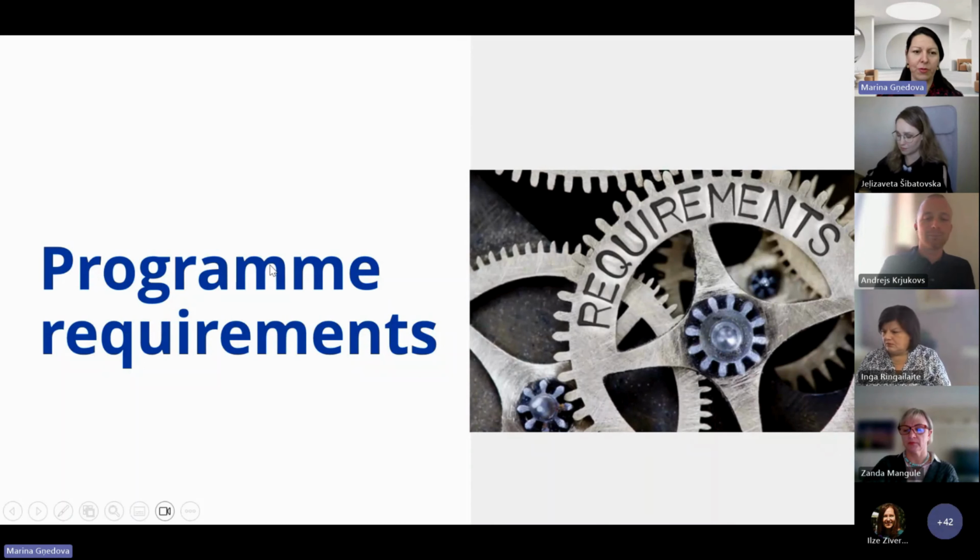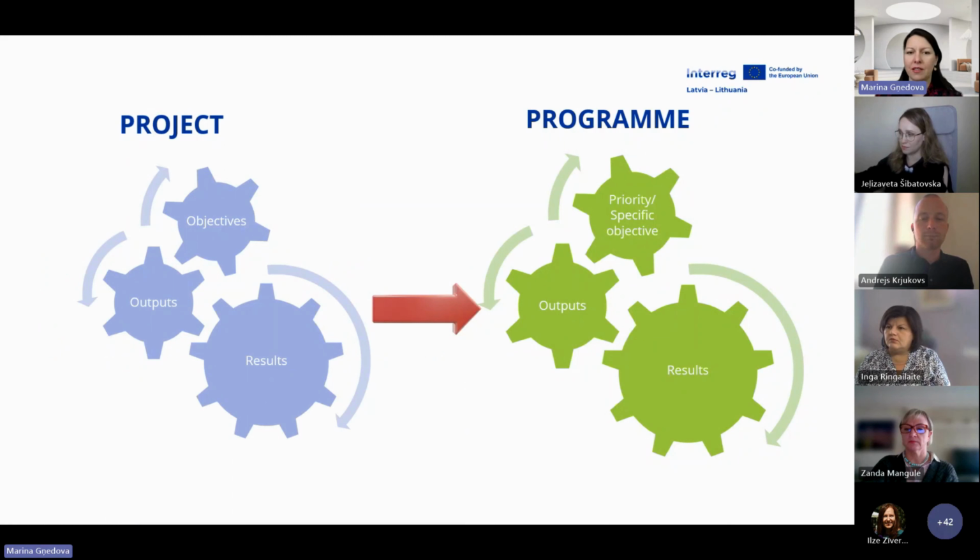If the project doesn't contribute to the program, then the chances to be approved are very low. In this slide, I think it's a very simple scheme, just to tell you in simple words that the program has set up its priorities, specific objectives, outputs and results, and has promised the European Commission to achieve all this by investing in projects, by allocating funding into projects.